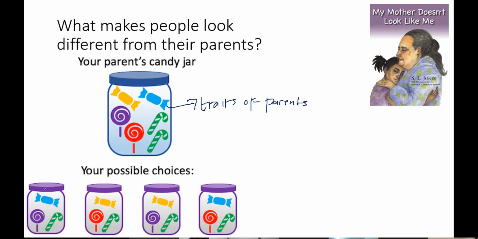For example, this is you, your sister, brother, and also your sister. And this is the combination from your father and mother.